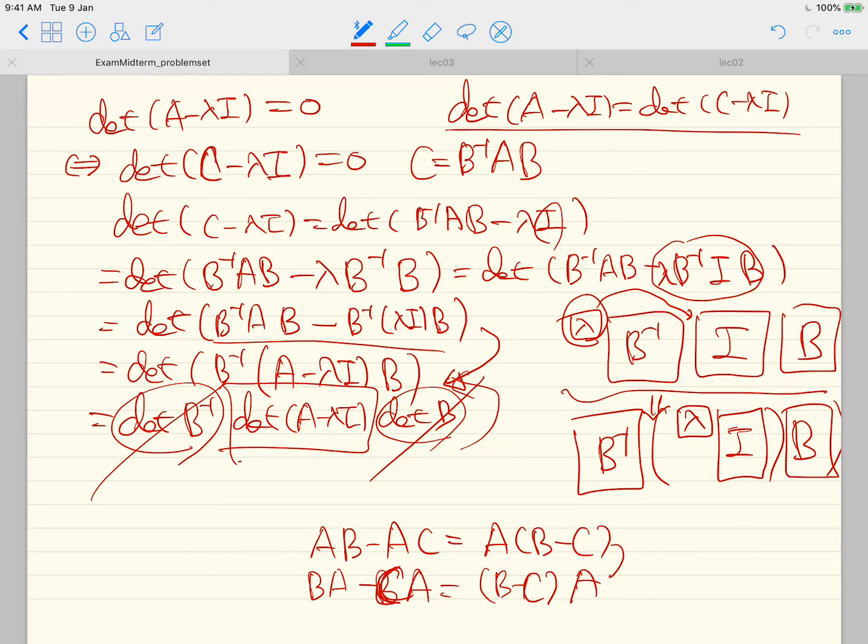So what it means is that this is also some polynomial with respect to lambda, an nth order polynomial, and that polynomial is the same as this.